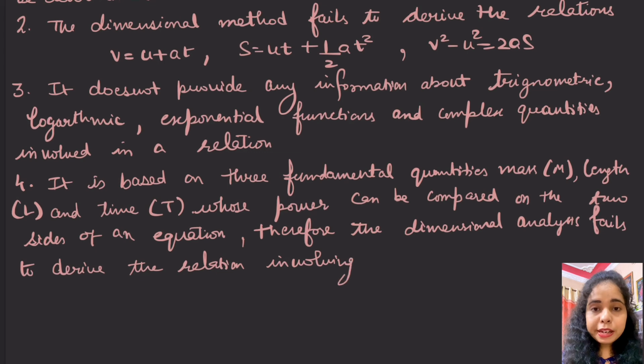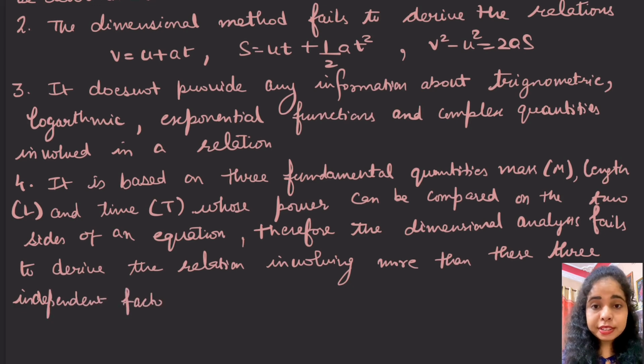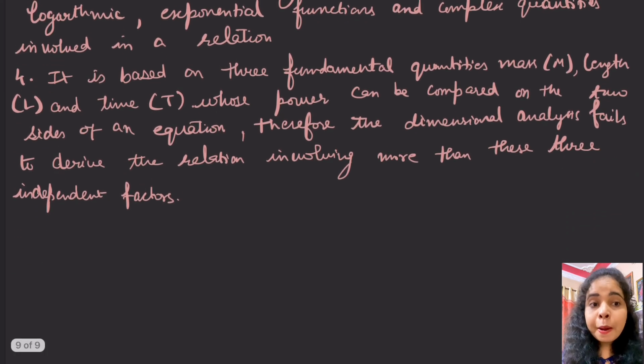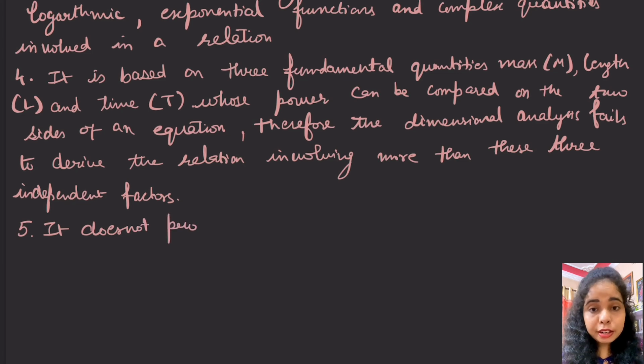The fifth limitation which we have with dimensional analysis is that it does not give any information whether the given physical quantity is a scalar quantity or a vector quantity. In physics, it is very important to describe physical quantities as scalar or vector quantities, but dimensional analysis does not give any kind of information about that.